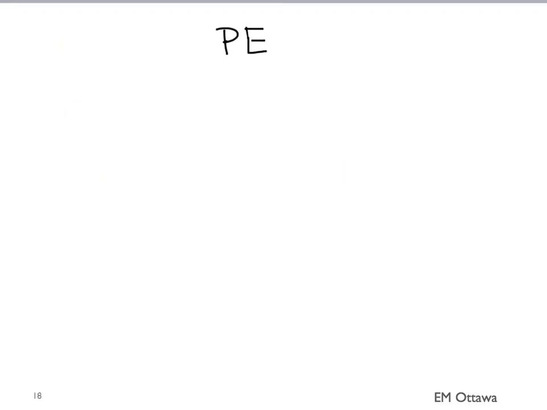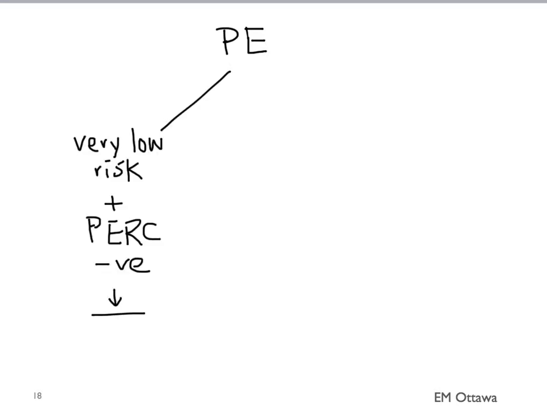Just to recap, the algorithm for diagnosing PE can be presented as follows. The patient who is very low risk and is PERC negative does not need further testing, besides basic blood work, chest X-ray, and ECG. Then we use a clinical decision scoring system, either Wells or Geneva score, to split the patient into either low or high risk. In the low risk patient, a D-dimer should be drawn.